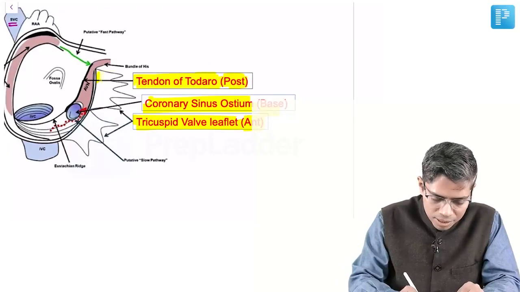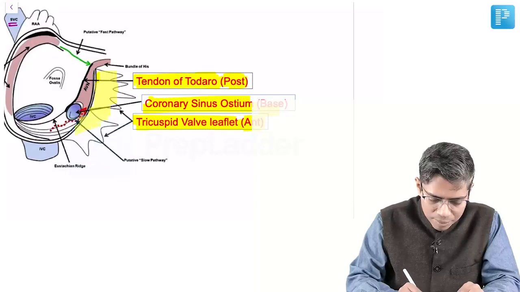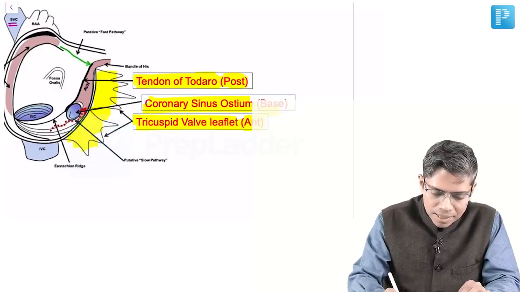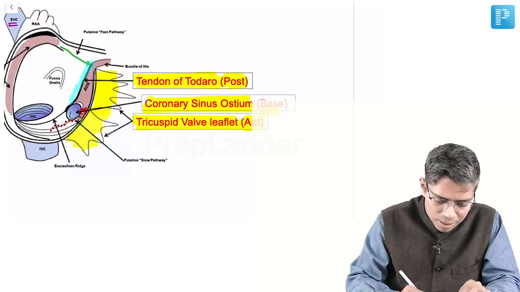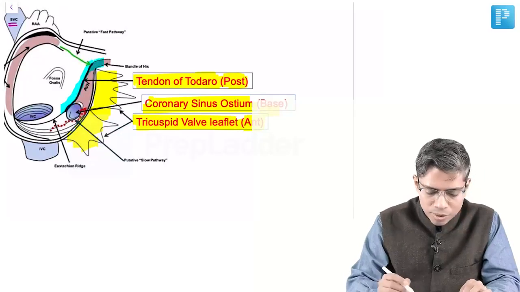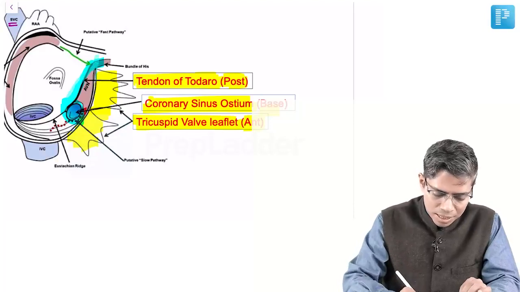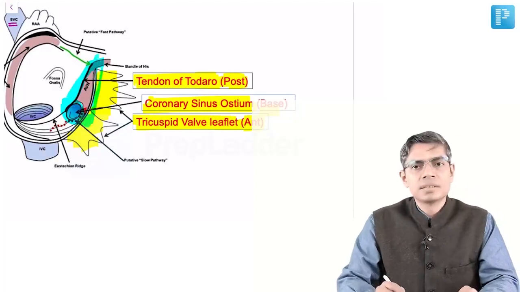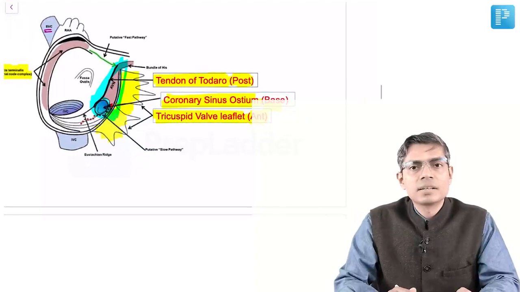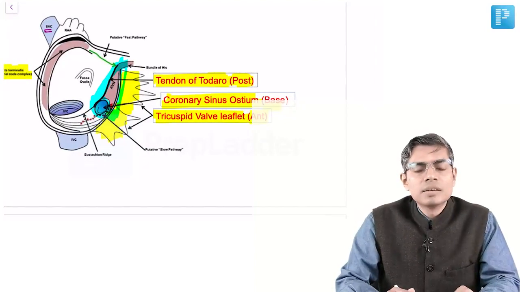So you can find out here, this is the tricuspid valve leaflet which is forming the anterior boundary, and this is the tendon of Todaro forming the posterior boundary, and this coronary sinus is forming the base. So this is a triangular area. This triangle is known as the triangle of Koch, and the AV node is located within this triangle of Koch.